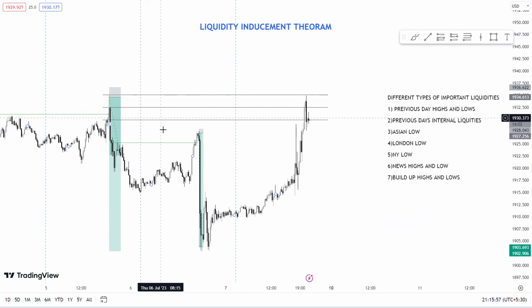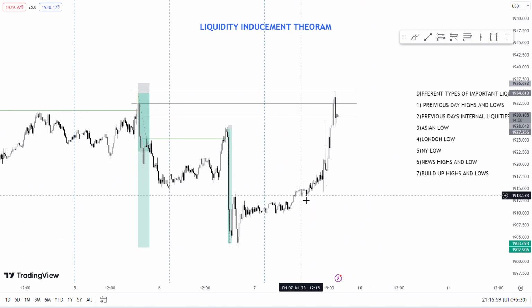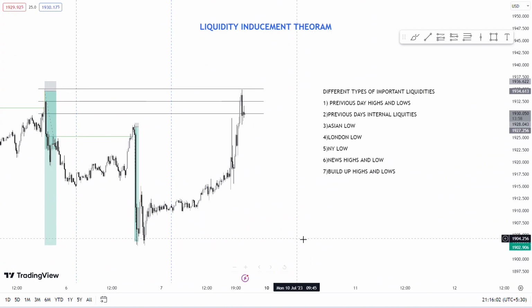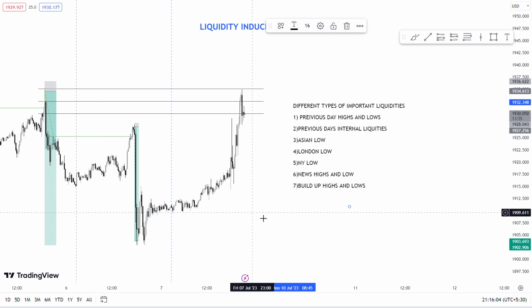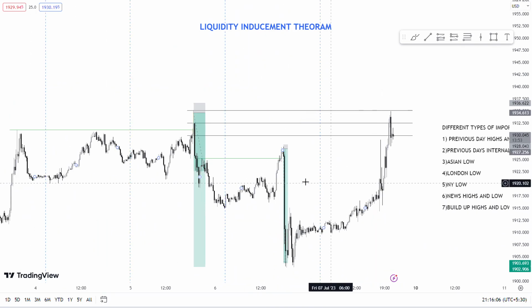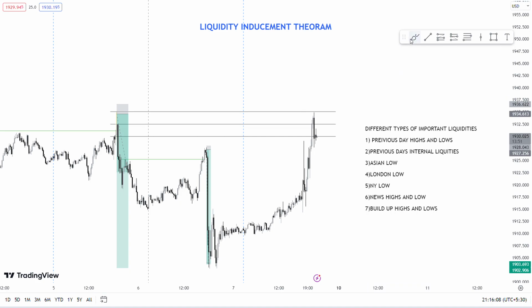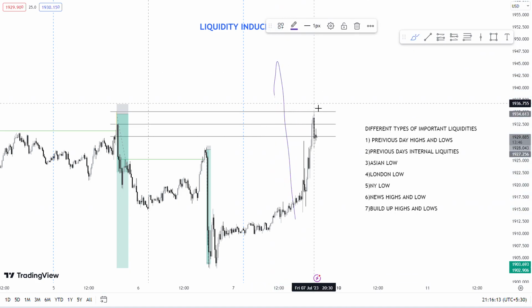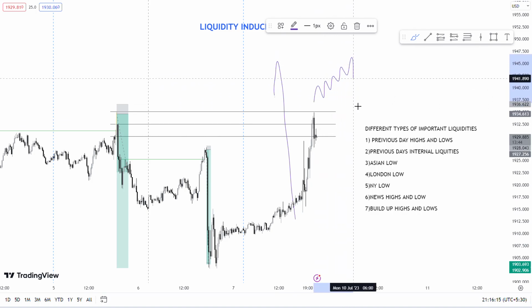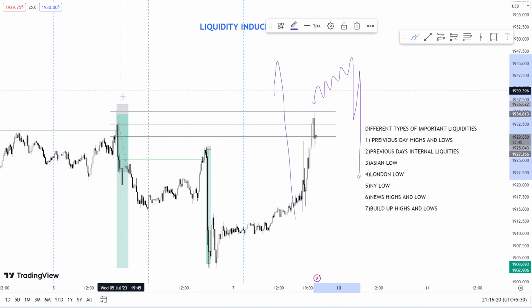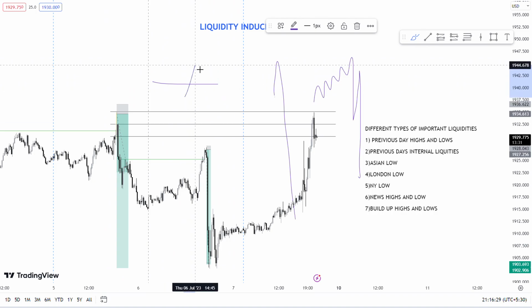You can use your own entry patterns, because there is no specific entry pattern that the market always follows after taking the liquidity. Numerous things happen after the liquidity is taken. Sometimes it can be a straight liquidity push and then reversal. Sometimes it can go like this, with a break of structure, mitigation, and so on. So we can't exactly tell what the market will do after the liquidity is taken, but we can tell that there is a very high probability that the market will reverse.